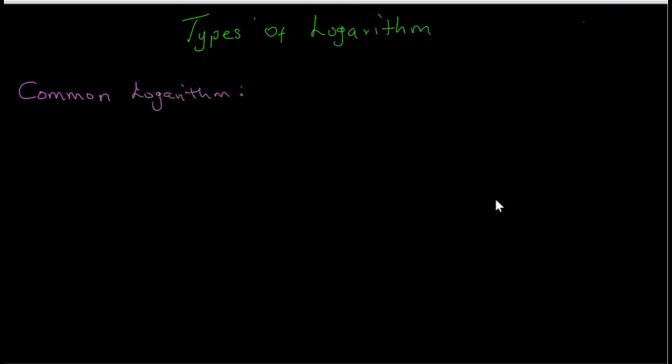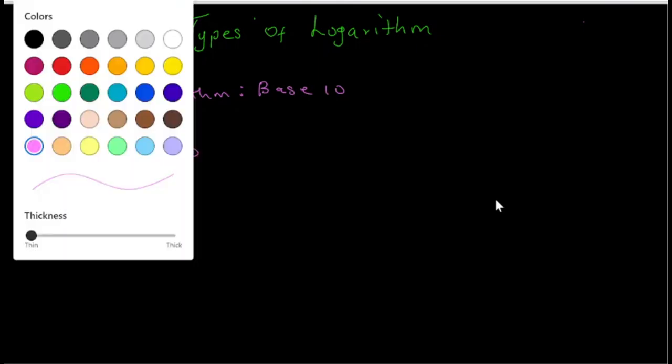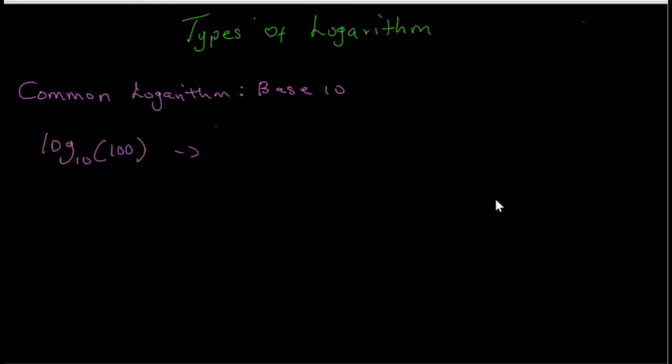When we talk of the common logarithm, this is called the base 10 logarithm. For instance, if you ask what is log 10 of 100, this is simply saying what power are we going to raise 10 to get 100.